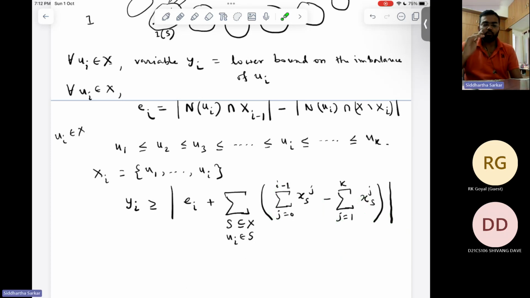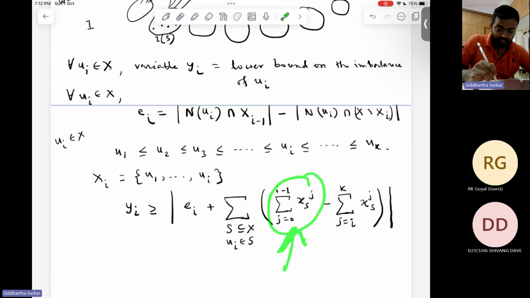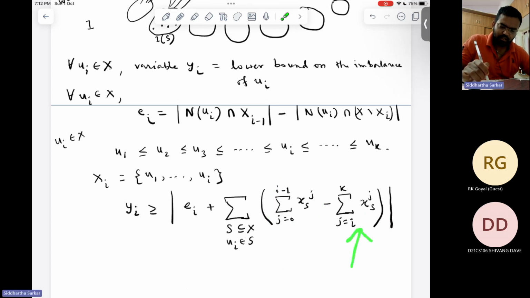Okay, so spend a moment. So I said this is not one, this is pi. Okay, so this is I. Right. So this is the sum of the imbalance. So the imbalance is coming from the left, and this is the imbalance coming from the right.